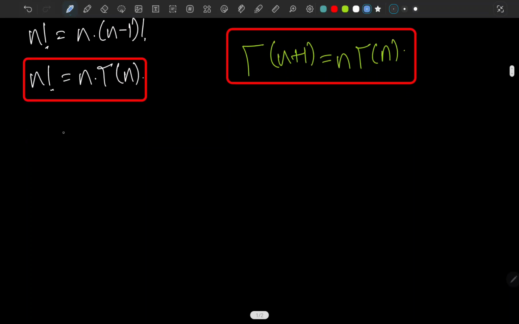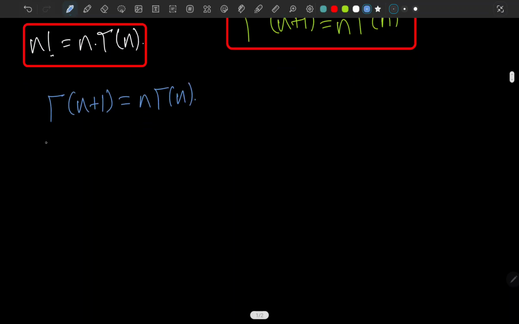I'm having gamma of n plus 1 equals n times gamma of n. What about gamma of n plus 2? Sorry, what I mean is, put n equals n plus 1.